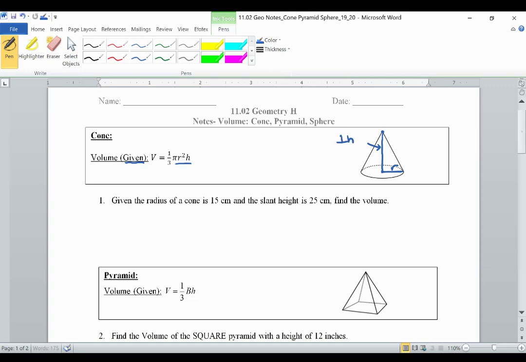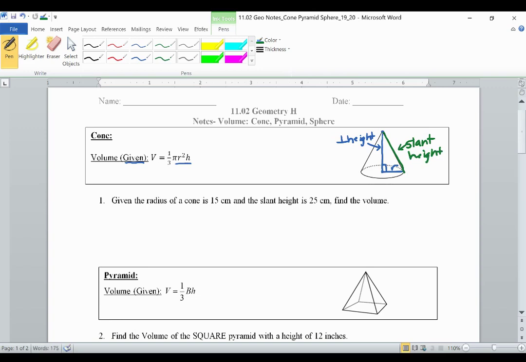So what's interesting here is that with a cone, we have two heights. We have the perpendicular height, which means it's perpendicular to the base. We also have a slant height right here, in green. That just goes along the outside of the cone.